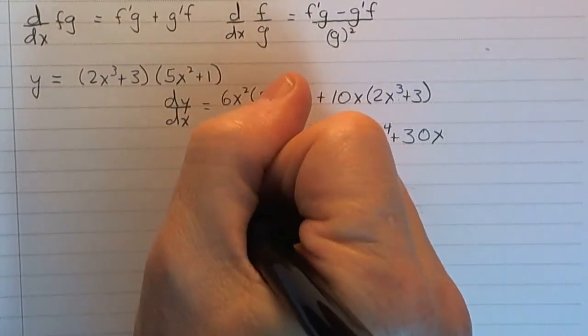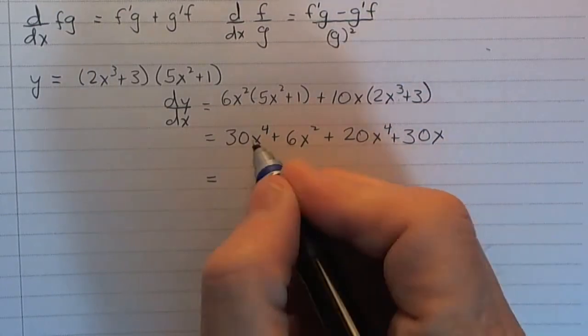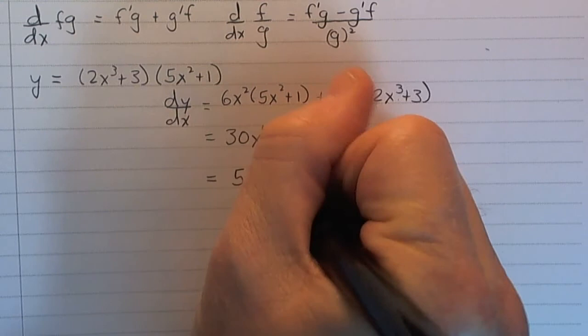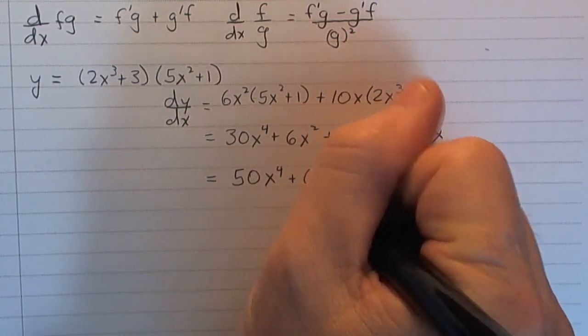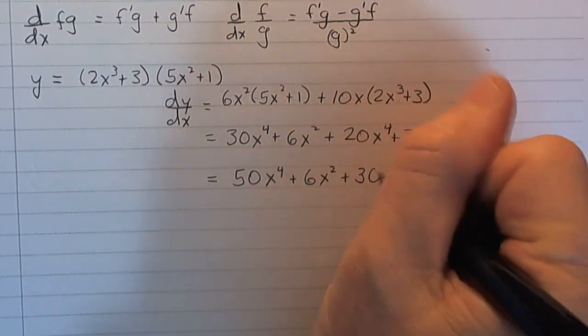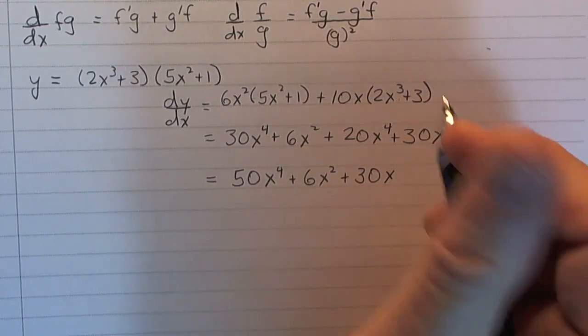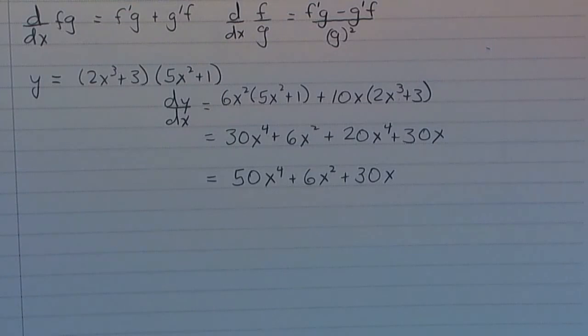Okay? Then I add like terms, and I believe that'll be it. So there's 50x to the fourth plus 6x squared plus 30x. And there we have it. So that's an example of the product rule.